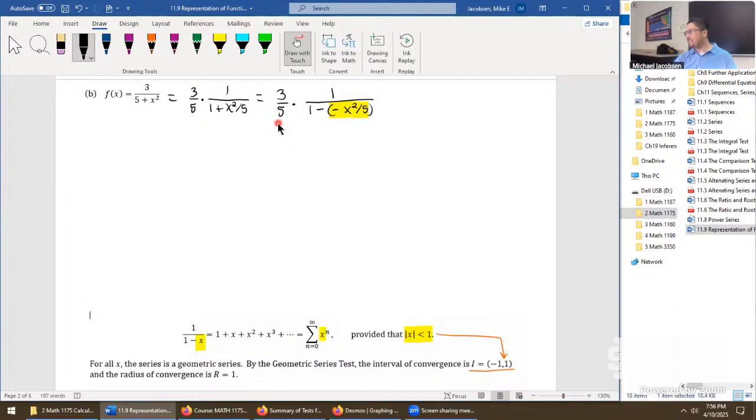Just let's recall this time that we keep our 3/5, this fraction right in front. Now we take a summation from 0 to infinity of x to the power of n. That's what the formula says below. Our x is all of that, negative x squared over 5. So at this stage, we've got the power series. We're now just taking the steps of simplifying, finding its domain, the so-called interval of convergence down here. Any questions to get to that key step up here?